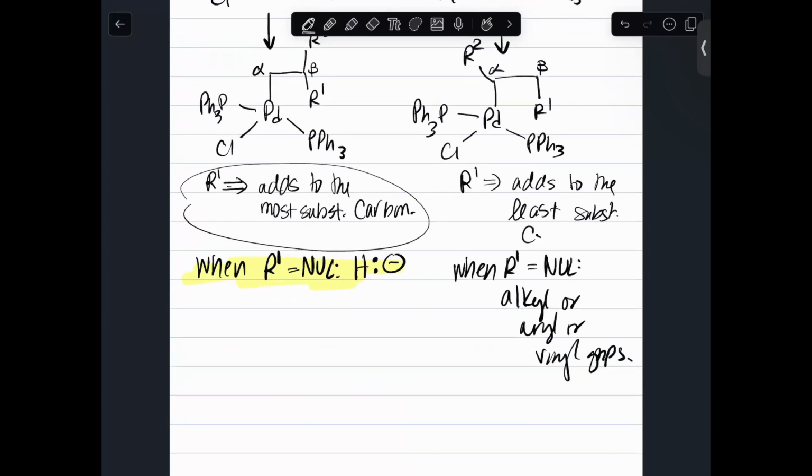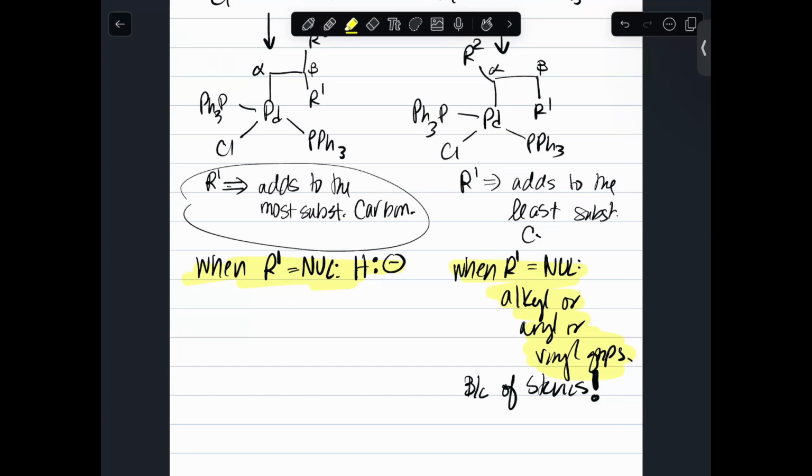And this is because of, not surprisingly, sterics. So when R1 is an alkyl group, it wants to add to the least substituted carbon. So when it's an alkyl, aryl, or a vinyl group, it wants to add to the least substituted carbon because of sterics, which makes sense, right?